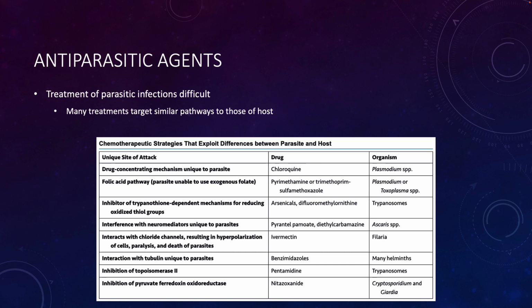Fungi are difficult to treat because they are eukaryotes, just like the host cell. So again, you try to identify novel targets. Maybe we can target their cell wall, because we don't have a cell wall. Maybe we can target the cell membrane, because the cell membrane has that ergosterol, and our cell membrane has cholesterol. So hopefully we kill the fungus before we kill ourselves.